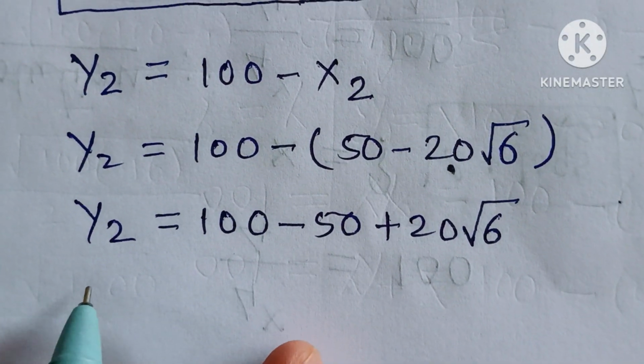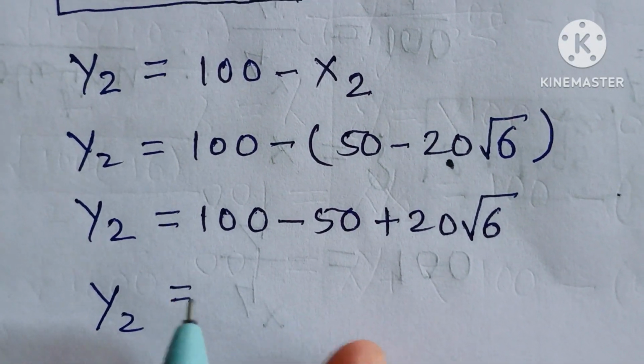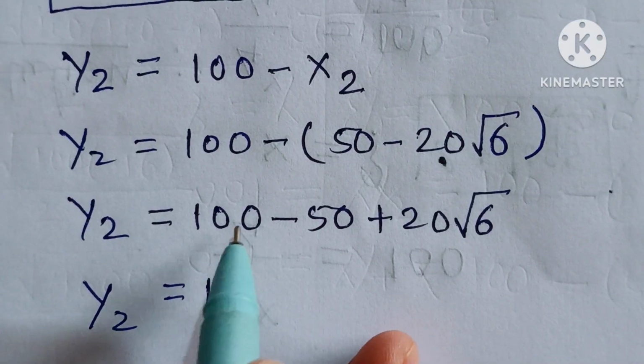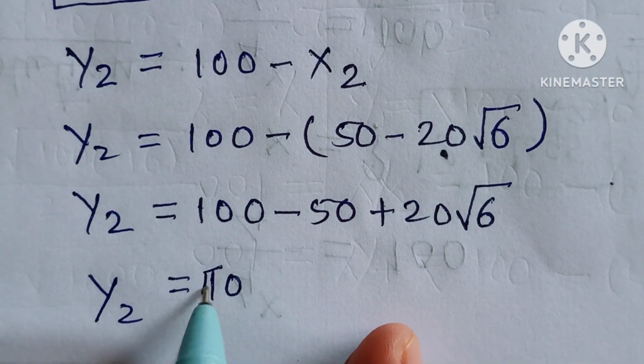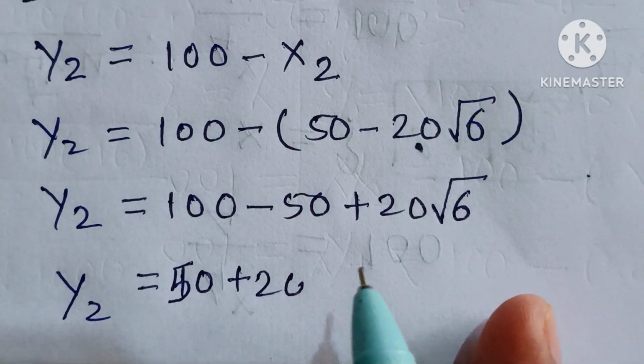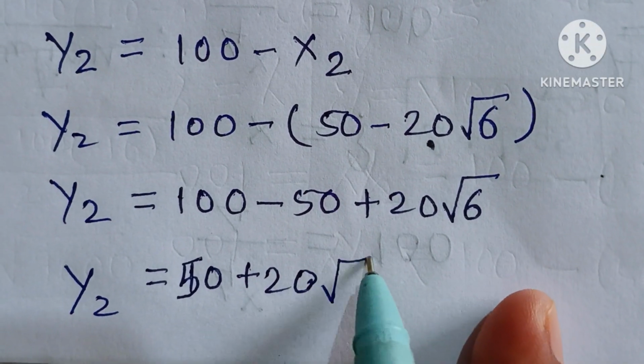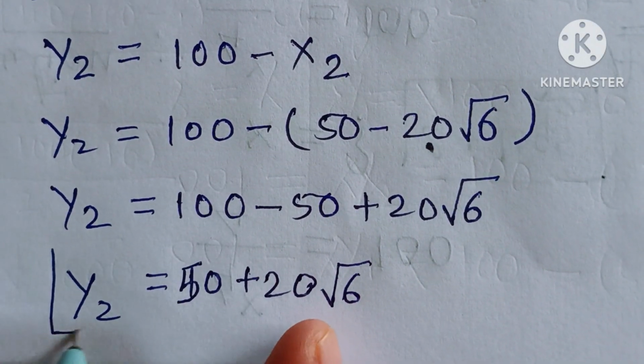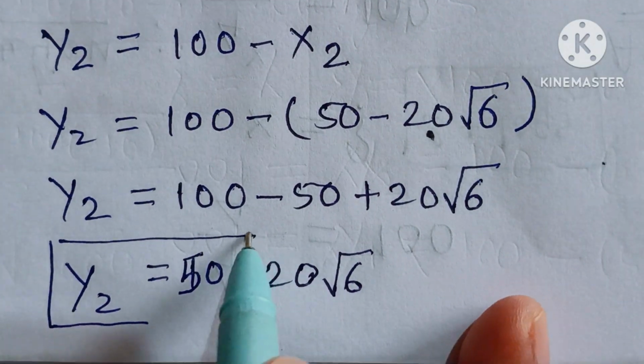Now y2 equal to 100 minus 50, that is 50, plus 20 under root 6. This is the value of y2.